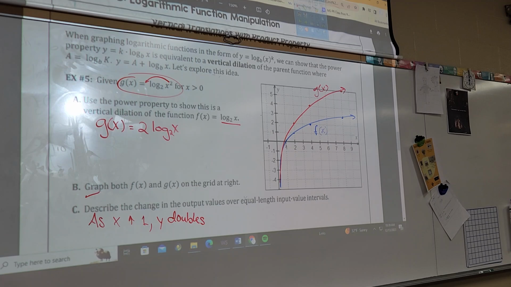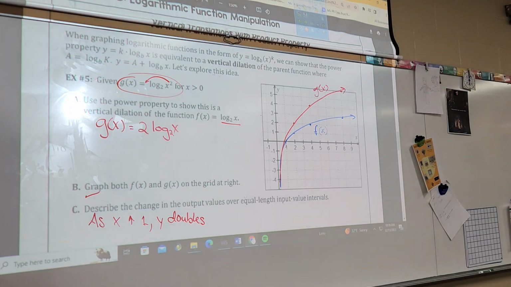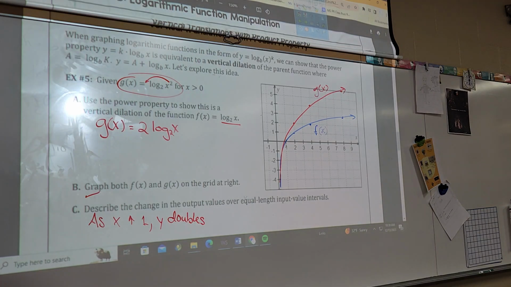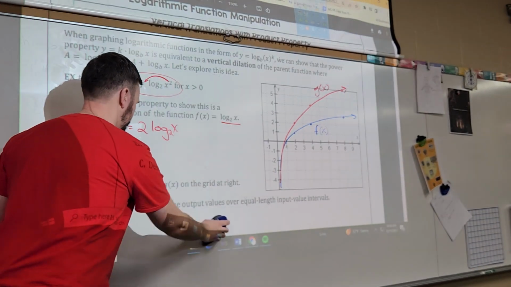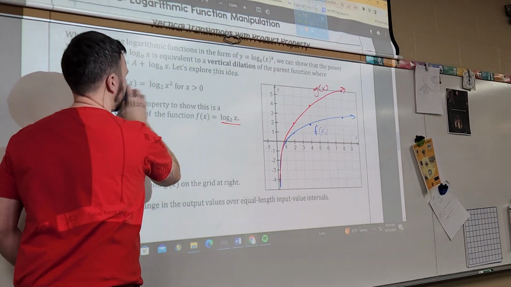You could say we multiply y by 2, or it gets increased by a factor of 2. There's more ways to say it. I like saying double. All right, how's this so far? Almost. All right, so y doubles. You get that.